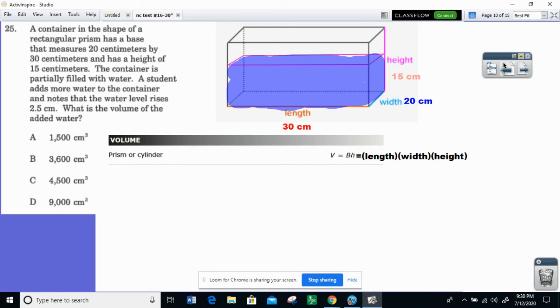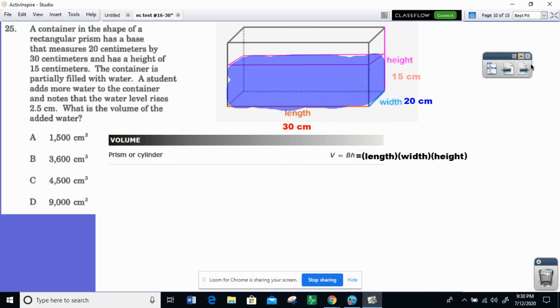So what we've already got drawn out here is the water that's starting in the tank. Length of 30 centimeters, width of 20 centimeters, height of 15 centimeters. It's not asking us to get the volume of the original water.